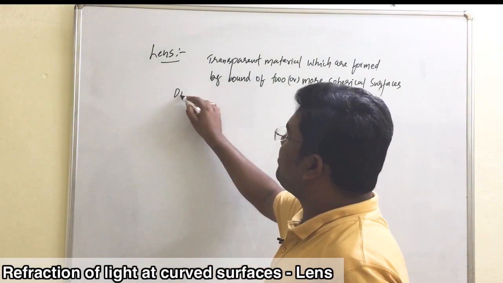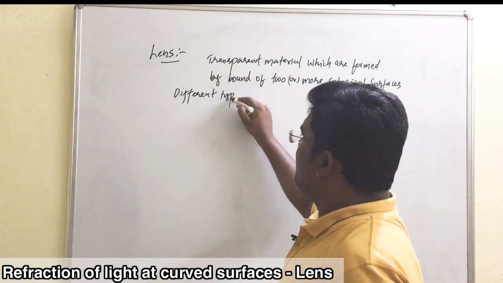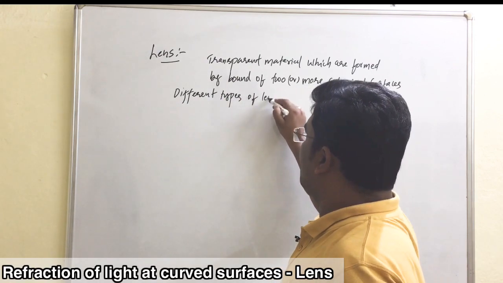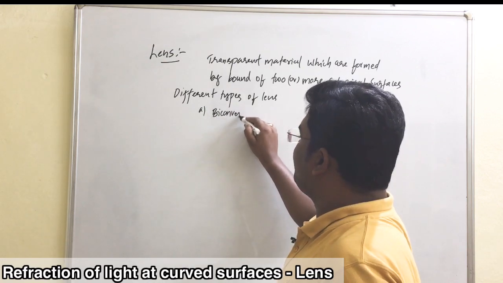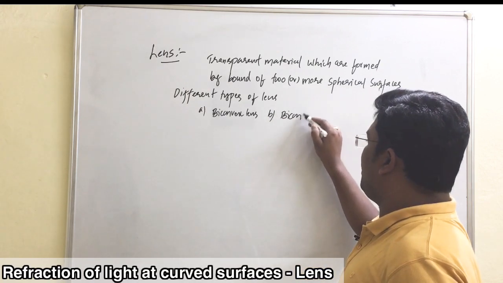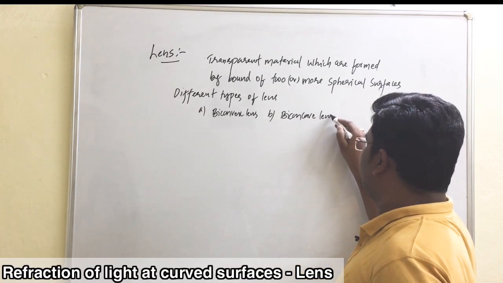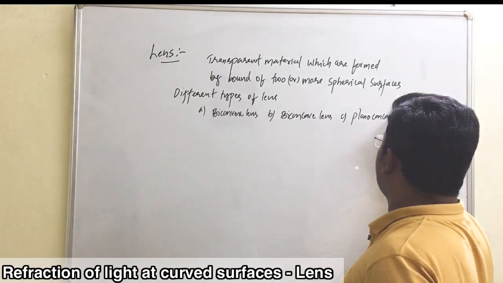Children, we have different types of lenses. One is biconvex lens. Second one, biconcave lens. Plano-concave lens.